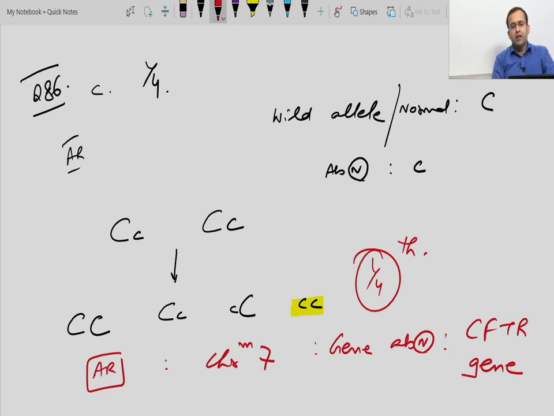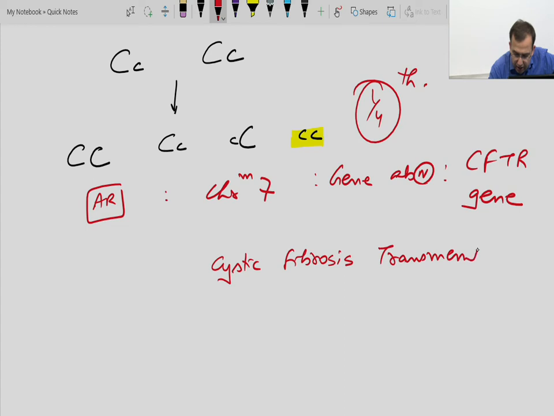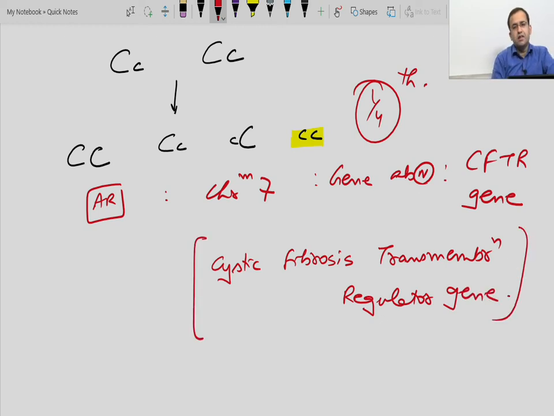CFTR stands for cystic fibrosis transmembrane regulator gene. That is the CFTR gene.